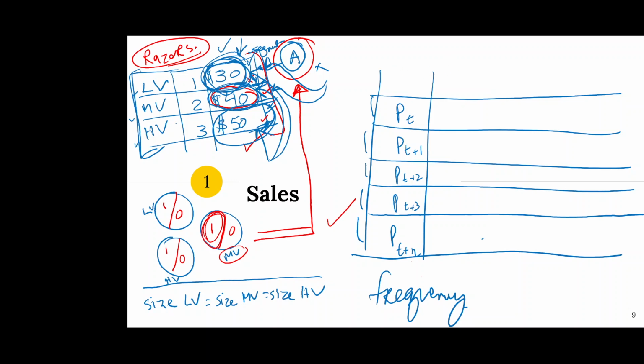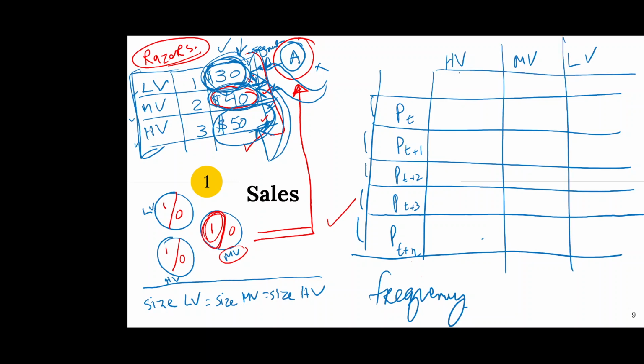Of course, here, as you can see, we have high valuation, medium valuation, and low valuation. Right, lovely people? We also talked about how they might buy or they might not buy at a certain period, period 1, period 2, period 3, 4, and 5.